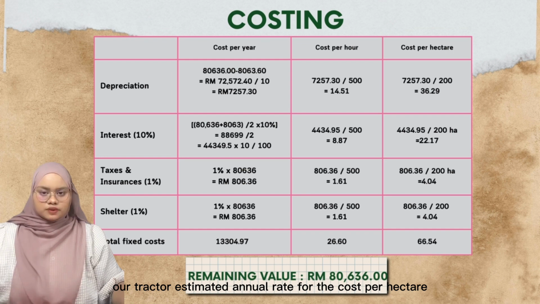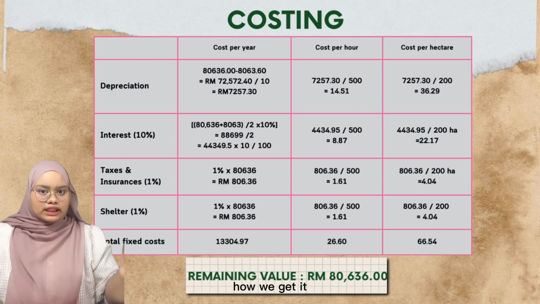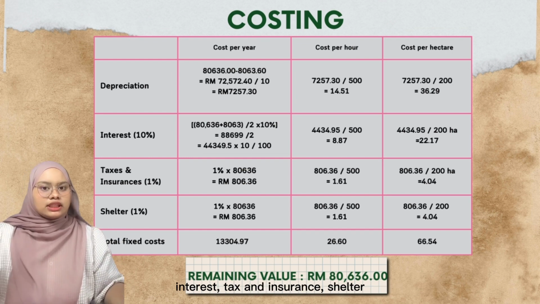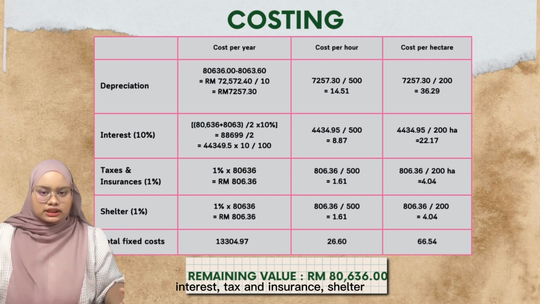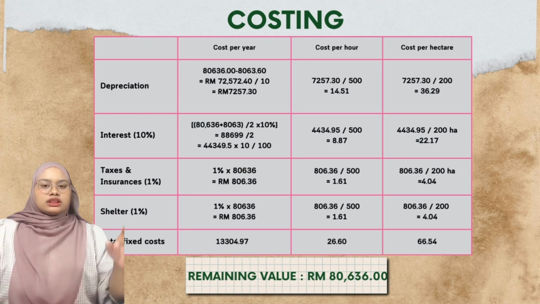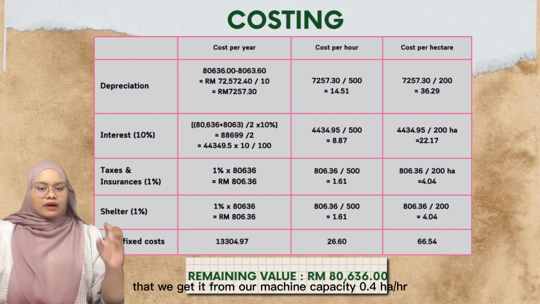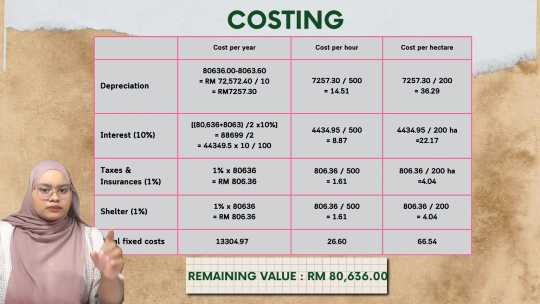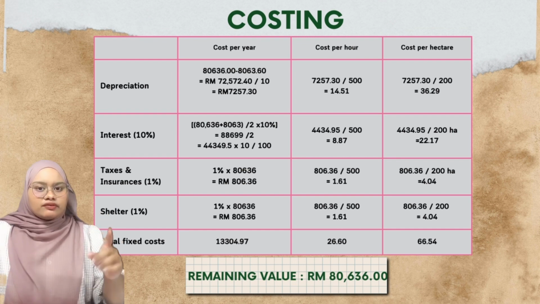And for the cost per hectare, how do we get it? We calculate the cost per year for depreciation, interest, tax and insurance and shelter. After we get the total, we divide it by 200 hectares, which we get from our machine capacity of 0.4 hectare per hour times 500 hours.